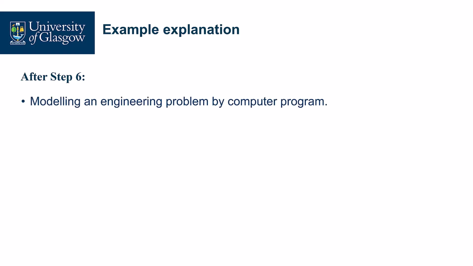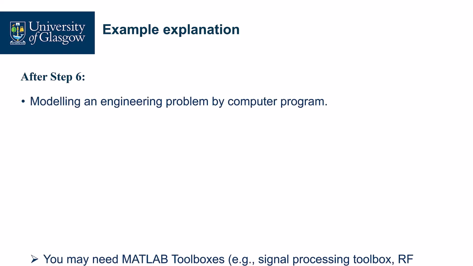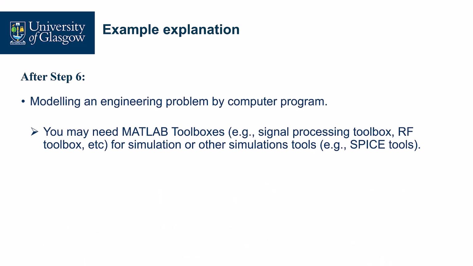Then after step 6, you need to model an engineering problem by computer program. So you may use MATLAB toolboxes. MATLAB provides quite a lot of toolboxes. For example, here I listed a few: signal processing, RF toolbox. This can do simulations, right? Or you can use other simulation tools. If you are a microelectronic engineer, later you will use SPICE tools, right? This is for circuit simulation.